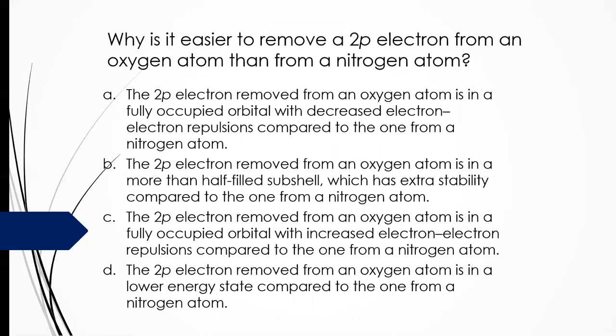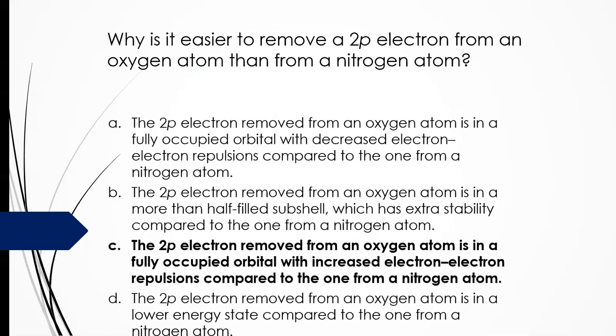And what we should be looking for is C, that the 2p electron from oxygen is in a fully occupied orbital. That means it's paired. And so it has increased electron-electron repulsion compared to that of our nitrogen atom, which makes it easier to remove. So our oxygen has a lower ionization energy than nitrogen. So it's not that it has a lower Z effective, it actually has a higher Z effective, but it's because of that extra electron-electron repulsion.